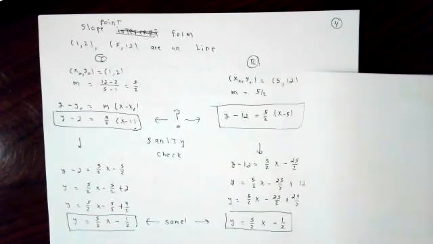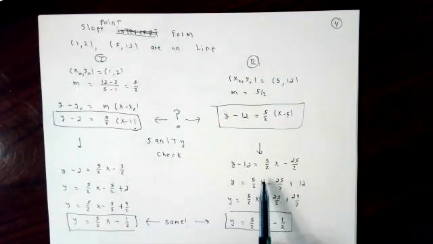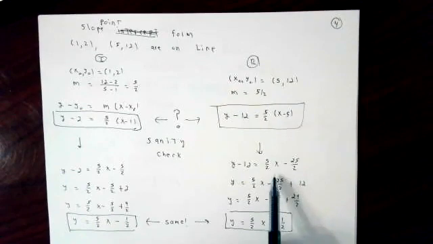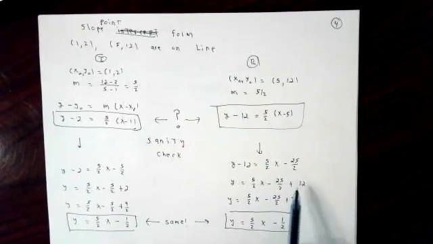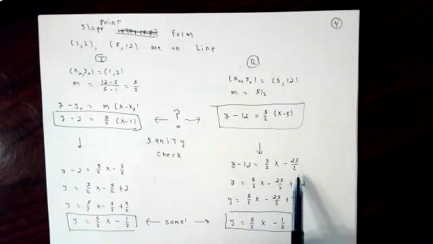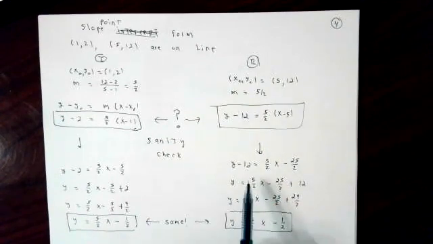On the other hand, if you look at the second version of this line, 5/2 times x minus 5 is 5/2 times x minus 5/2 times 5, which is 25/2. Then you've got to add 12 to both sides, which is 24 over 2.